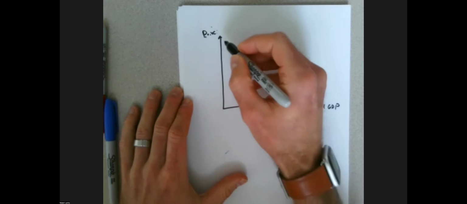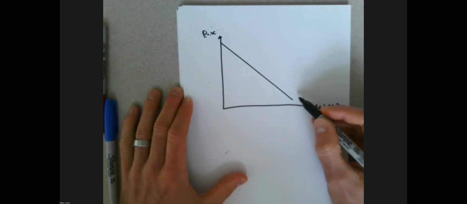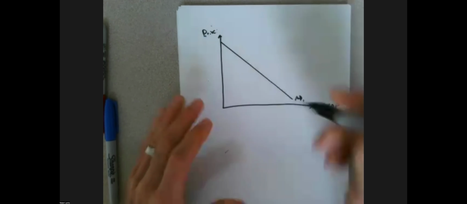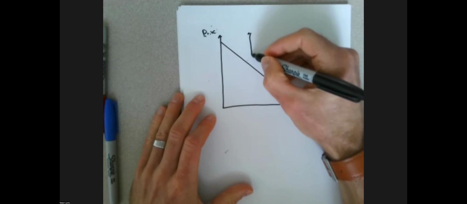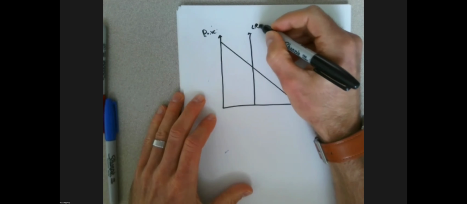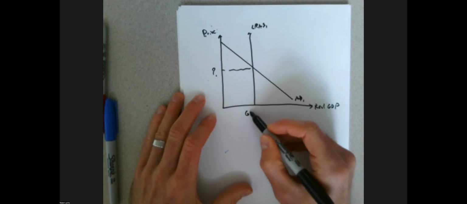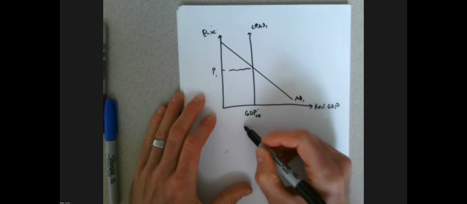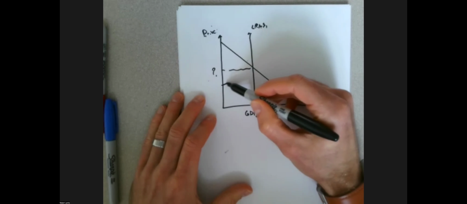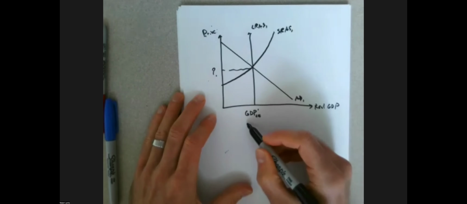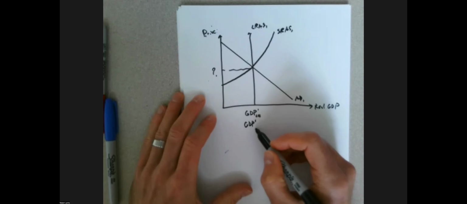So initially I have my aggregate demand, and my long run aggregate supply. Initially, price levels are here, and my long run and short run aggregate supply, sorry, and my long run and short run GDP are exactly the same. Okay.